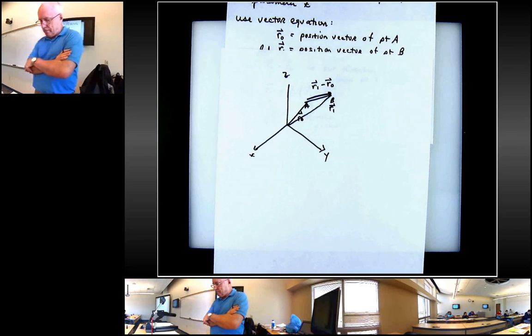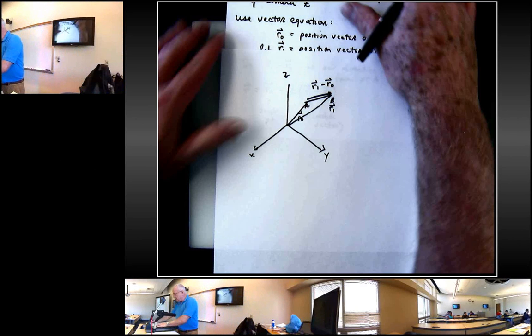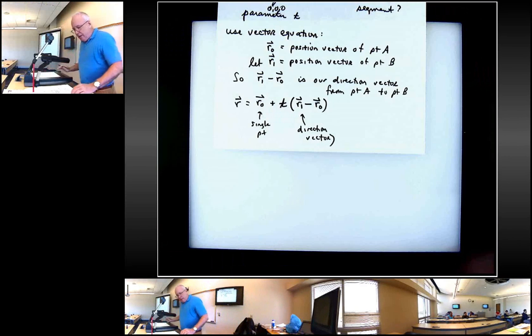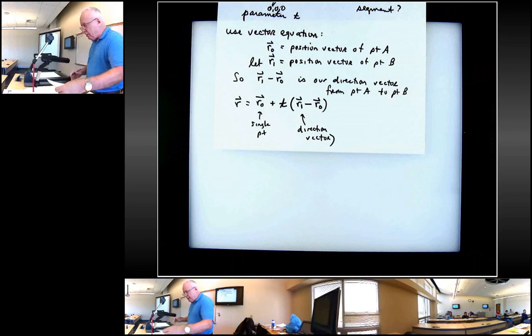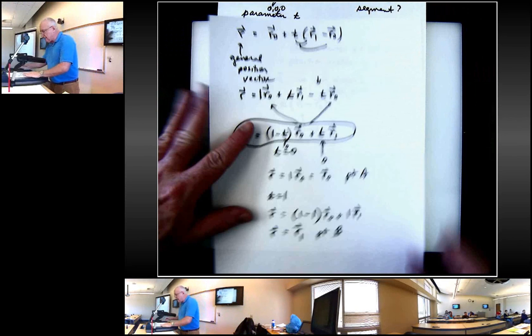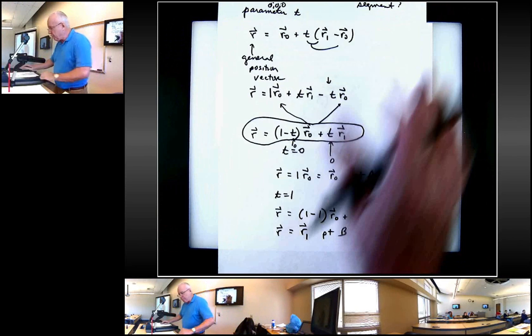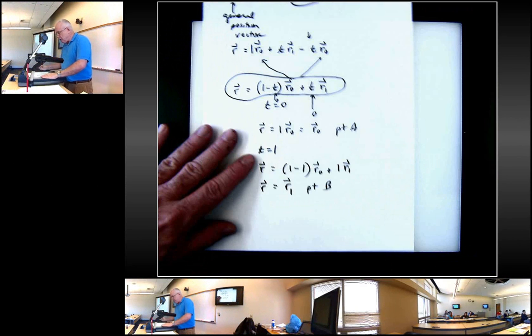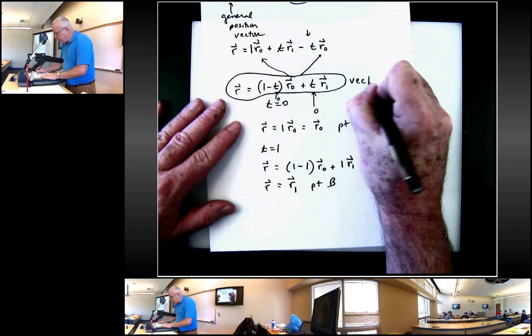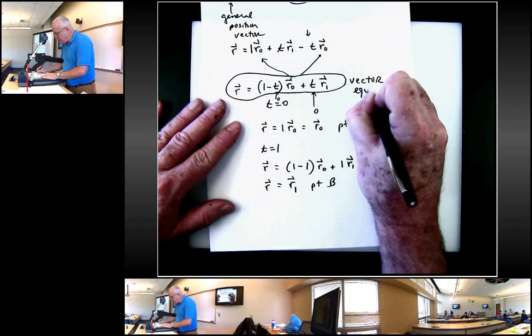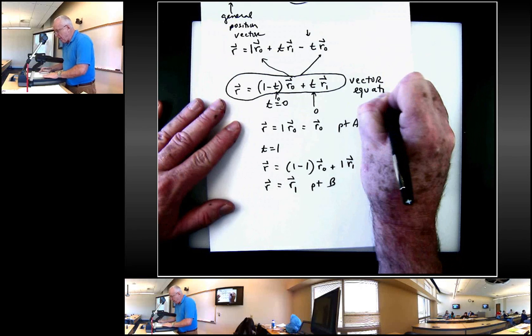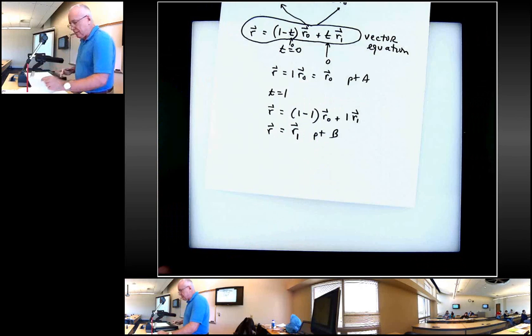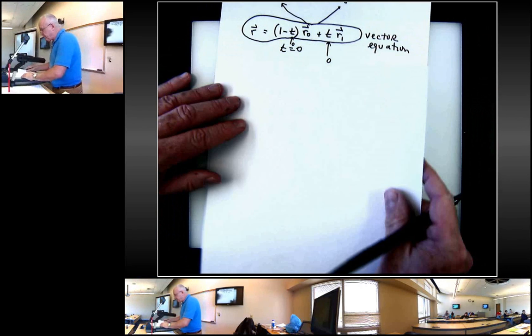Okay, so we looked at how we could do it with a vector. From here, we can also do it as a parametric equation. So this is our vector equation. Now let's look at doing this as a parametric equation.